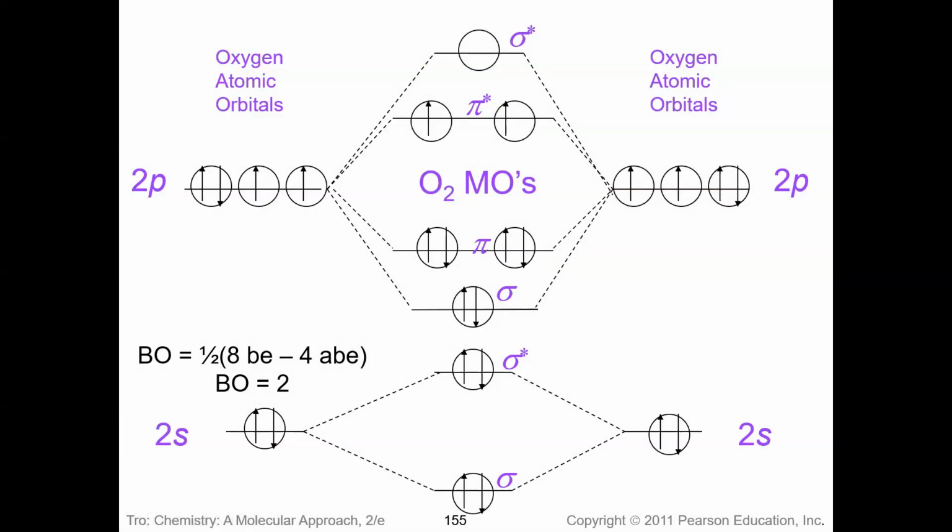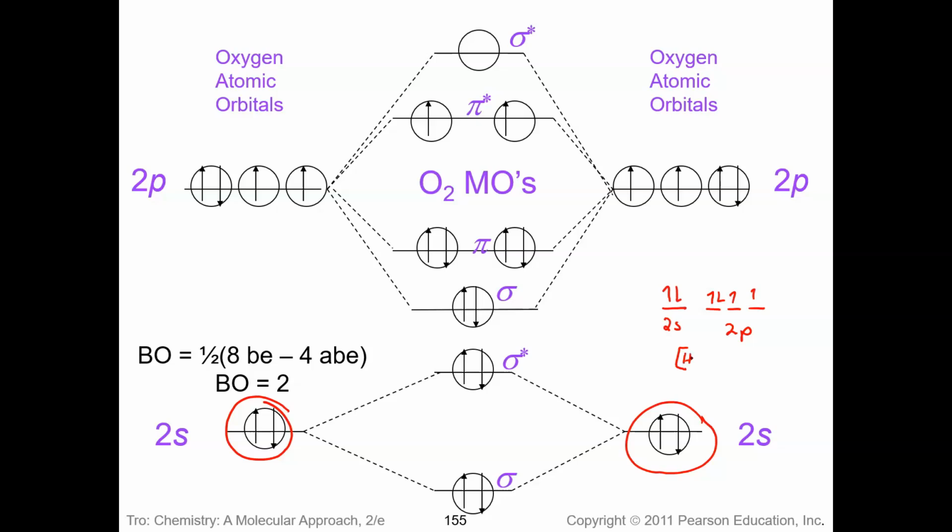So if we look at our O2 molecule, okay, so oxygen has, right, here's our 2s orbitals. So let's just draw this what we're used to. So for oxygen, it is 2s2, 2p4, right? Here's our 2s. Here's our 2p's, up, up, up, down, right?